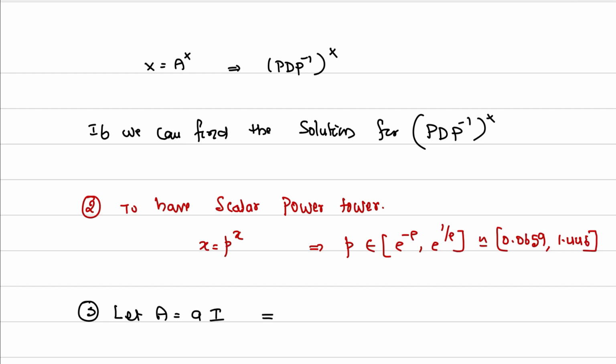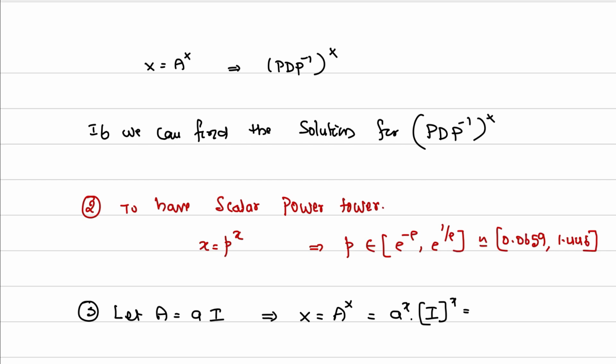Then it implies X is equal to A to the power of X is equal to a to the power of X into I to the power of X. What is I to the power of 1, I to the power of 2, I to the power of 3?